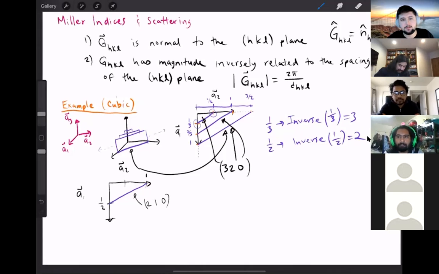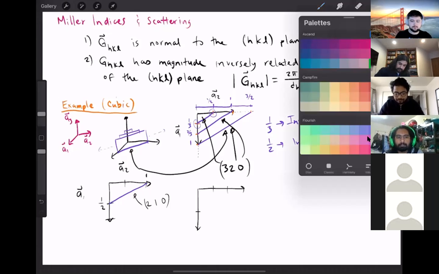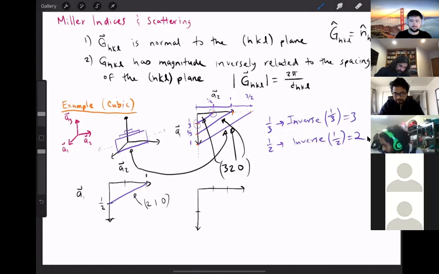Then you would just have to draw it. If it's a fraction, yeah. So this was 3/2. Then you would have this one here, and then it would pass through here.